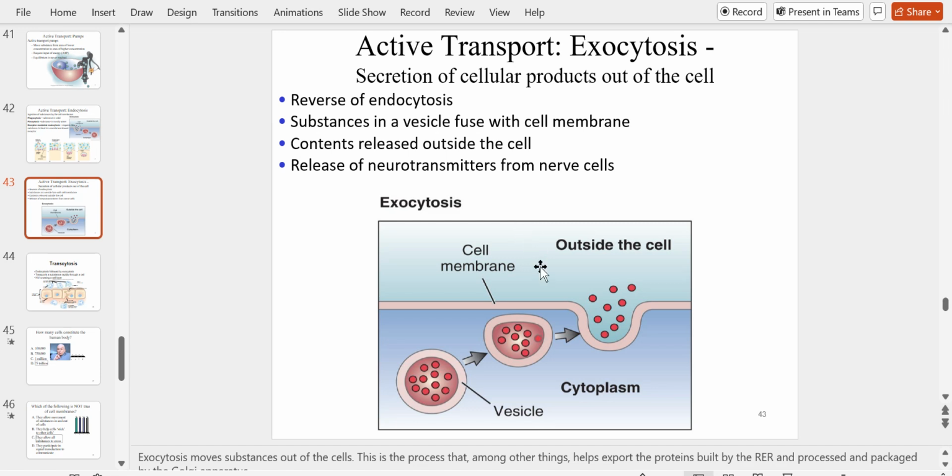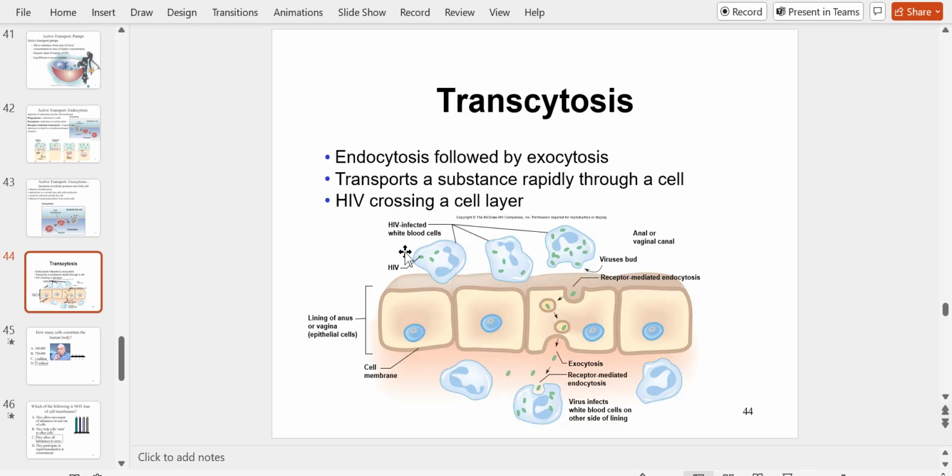Exocytosis, bringing out. The Golgi apparatus packages something up and sends it on its way, and then that eventually becomes the new edge of the cell membrane. Release of neurotransmitters from nerve cells is one of the things we use this for. Transcytosis is a good example: we're talking about HIV crossing a cell layer.